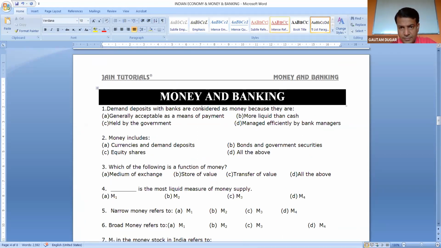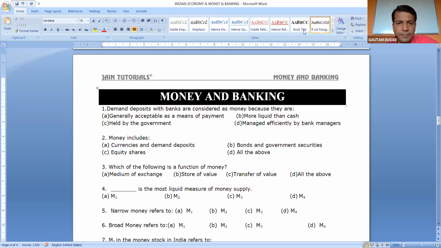Next. Two, money includes: currency and demand deposits, bonds, government securities, equity shares, all the above.